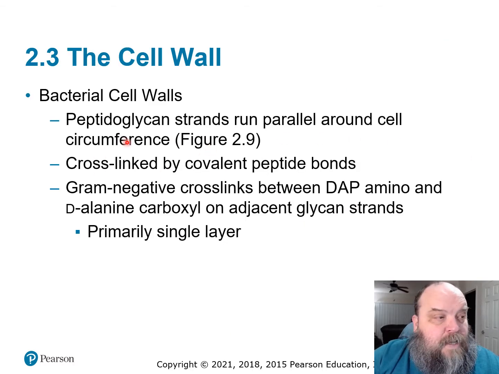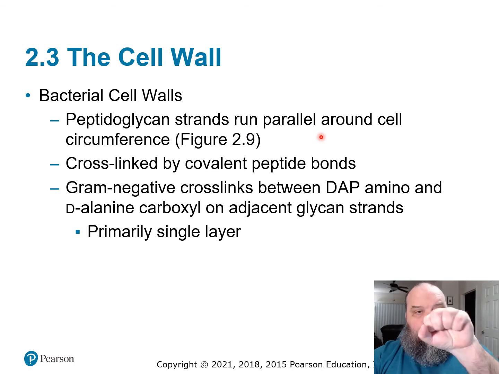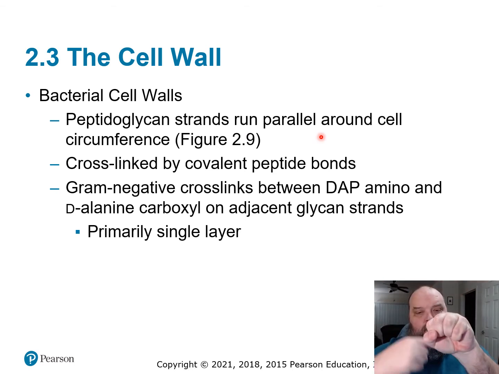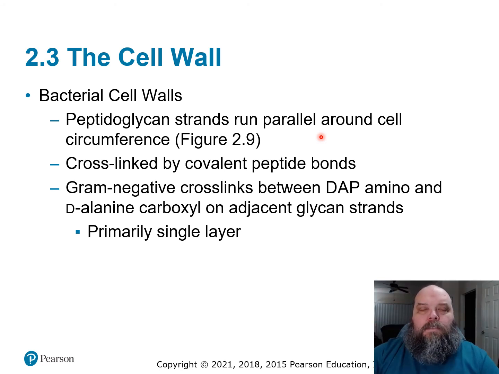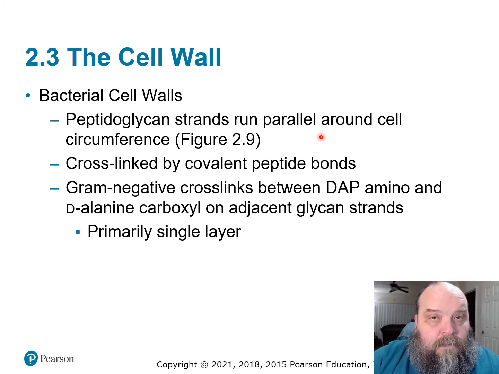These peptidoglycan strands run parallel. So if this is the cell, they're going to run like this, wrapping around the cell wall, making the cell wall, cross-linked with peptide bonds, that tetrapeptide.